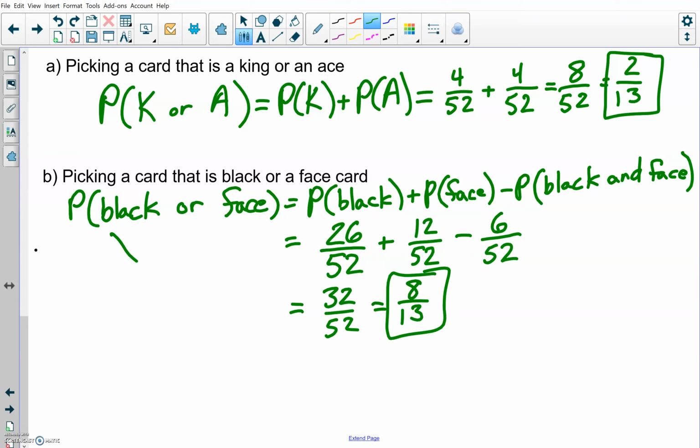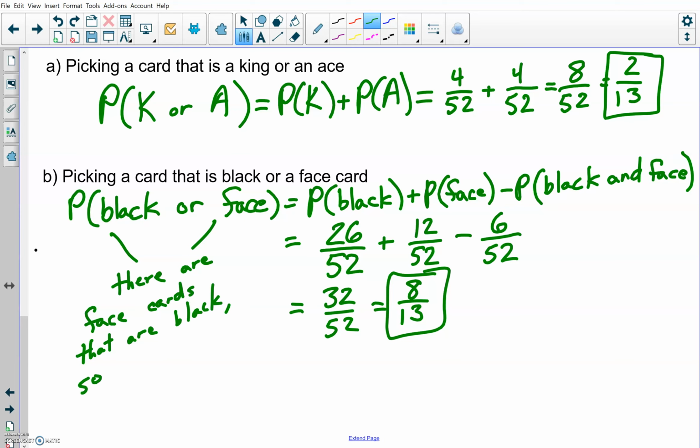So again, keep in mind, there are face cards that are black. So not mutually exclusive, must subtract.